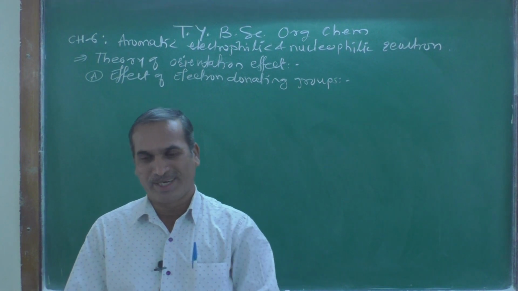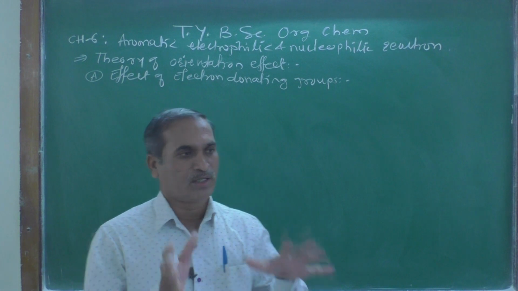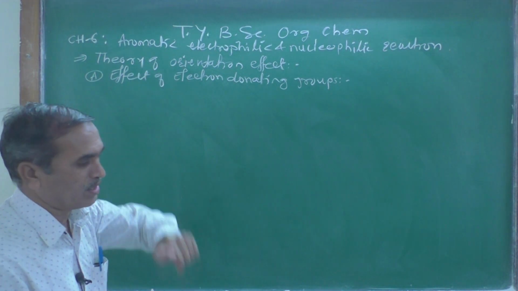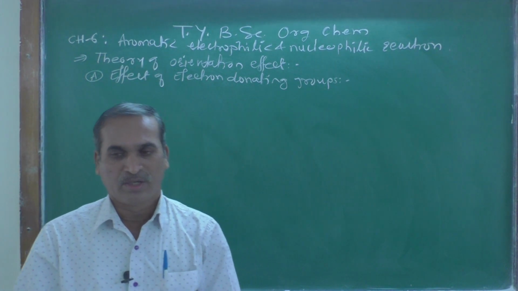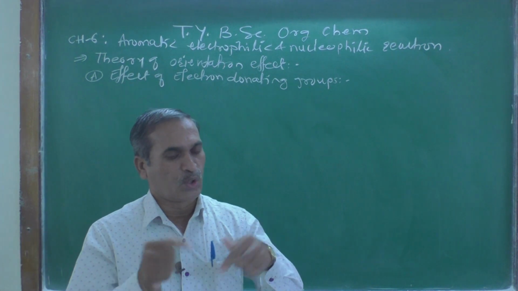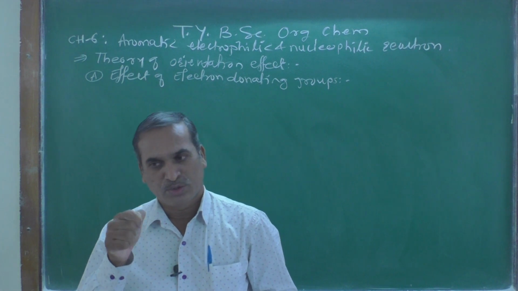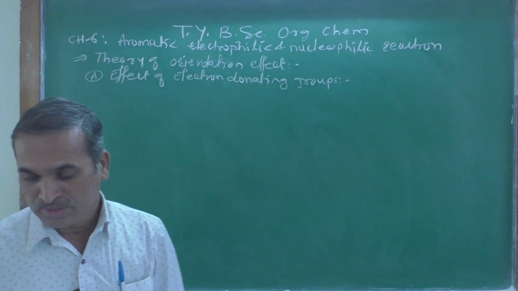So two possibilities are there, and therefore we are going to learn the effect of electron donating group. If electron donating groups are present, what type of orientation they show, that we are going to learn today.